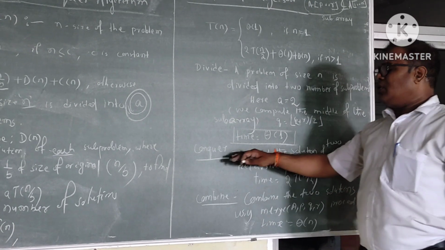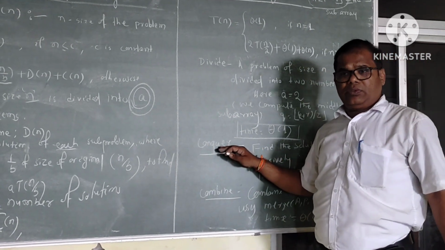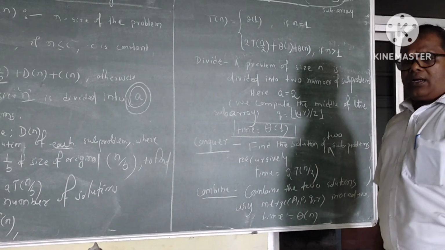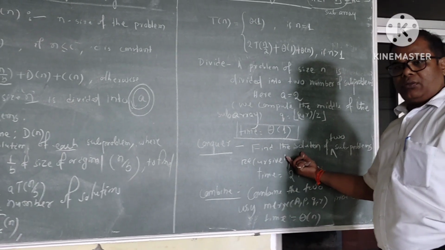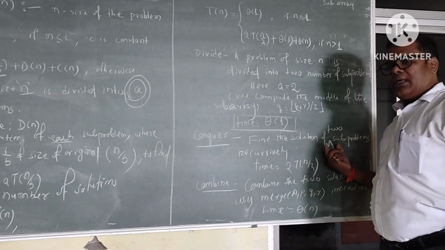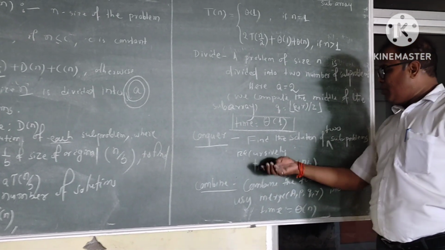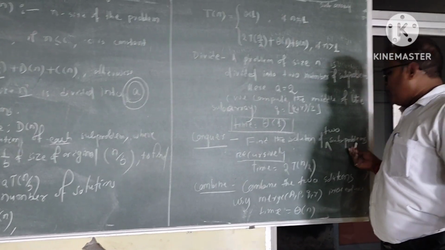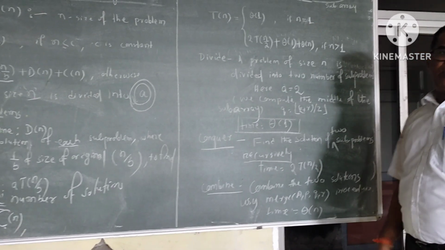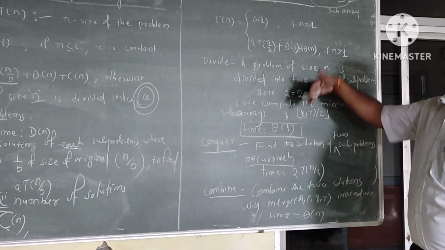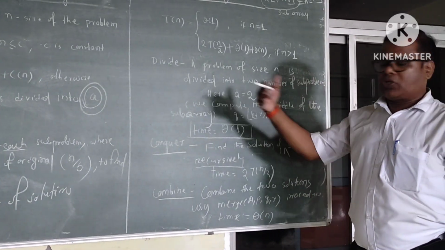Now come to the solution part of our merge sort analysis. So what is our job there? We have to find the solution of each sub-problem. How many sub-problems are there? Two sub-problems. But here we have written one important term: find the solution of the 2 sub-problems recursively, because it is a recursive structure.